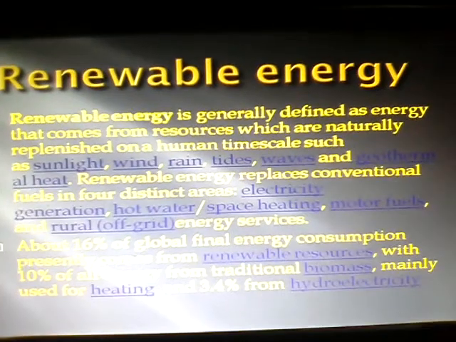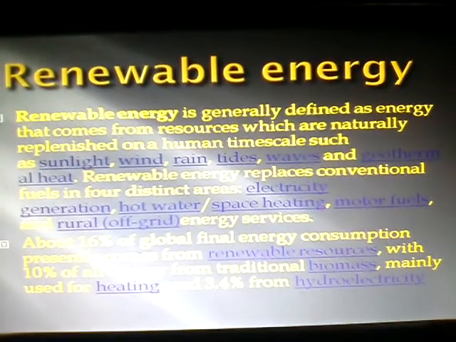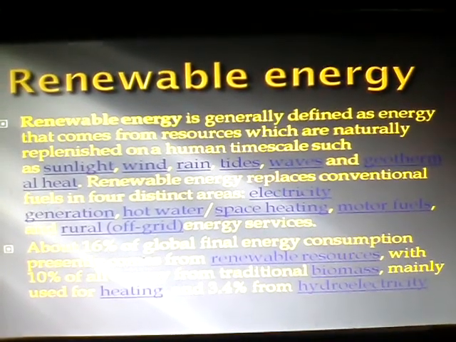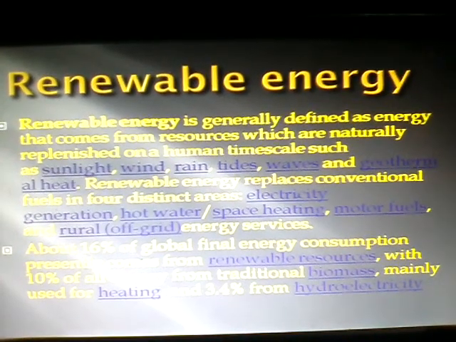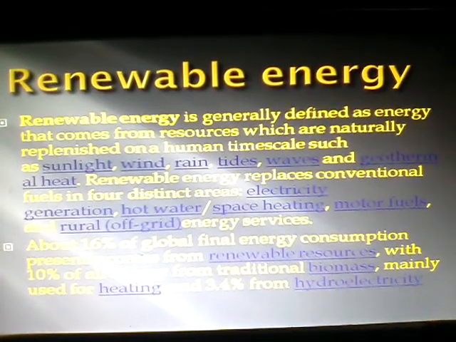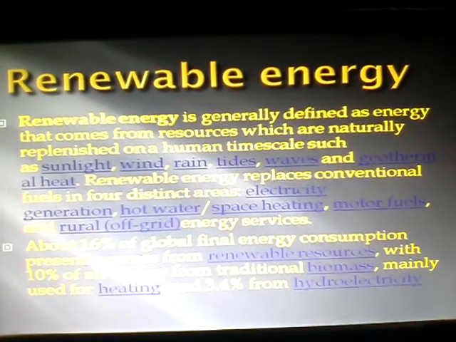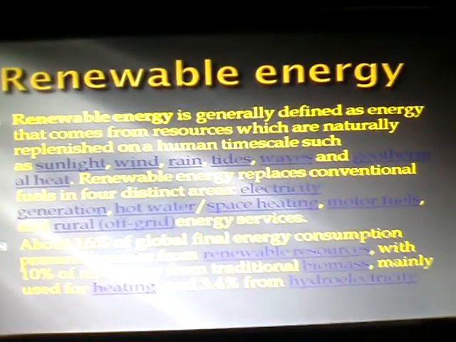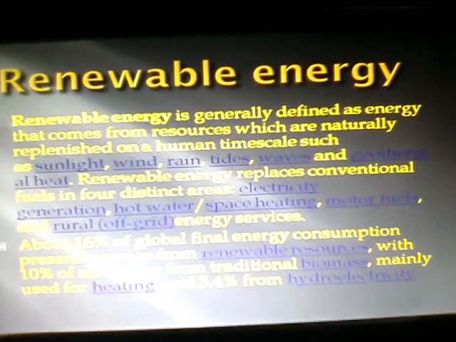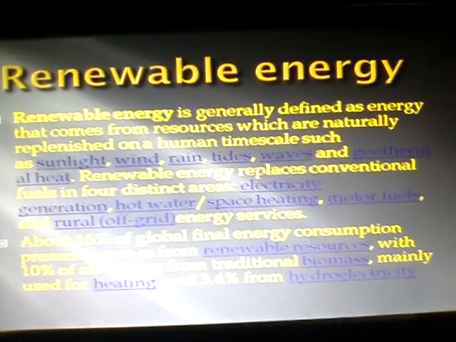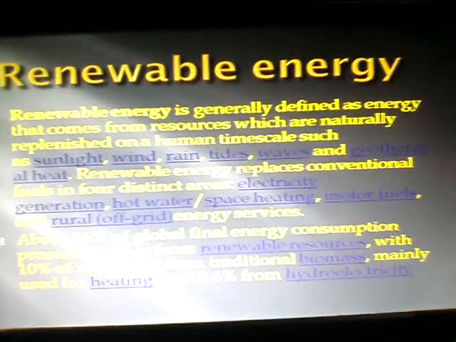Renewable energy. Renewable energy is generally defined as energy that comes from resources which are naturally replenished on a human timescale such as sunlight, wind, rain, tides, waves, and geothermal heat. Renewable energy replaces conventional fuels in four distinct areas: electricity generation, hot water and space heating, motor fuels, and rural off-grid energy services.